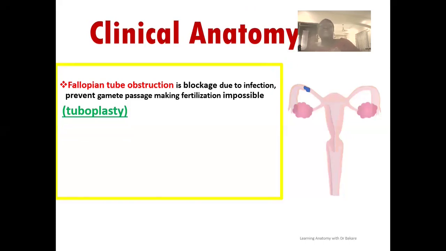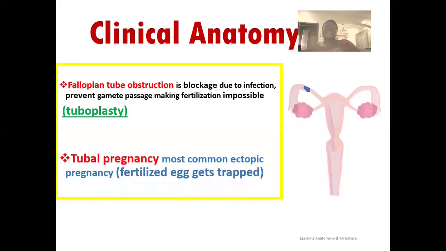Tuboplasty is an invasive procedure where there is resectioning of the wall of the uterine tube so as to remove the occluded region. So this surgical intervention can be done to rescue the situation and to allow for the process of fertilization.